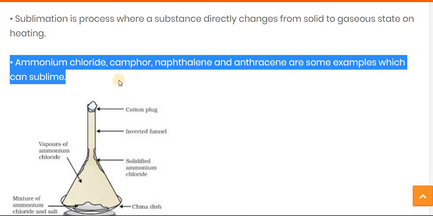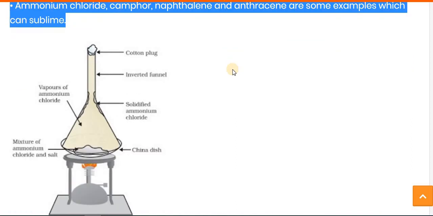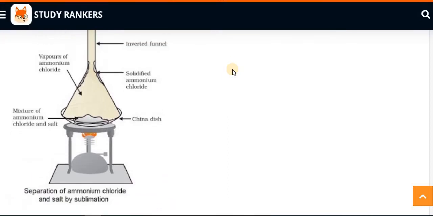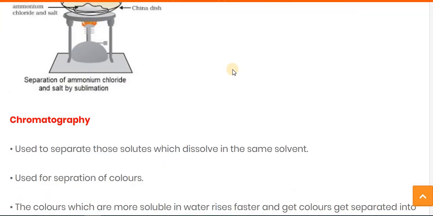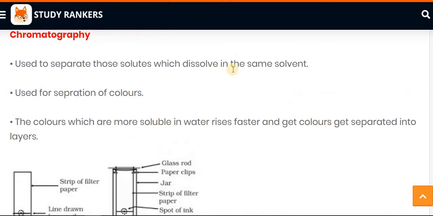Camphor also directly converts from solid to gas. Naphthalene also, and anthracene also. So these are examples which can be separated by the process called sublimation. The next topic, chromatography, we will see in the next lecture.